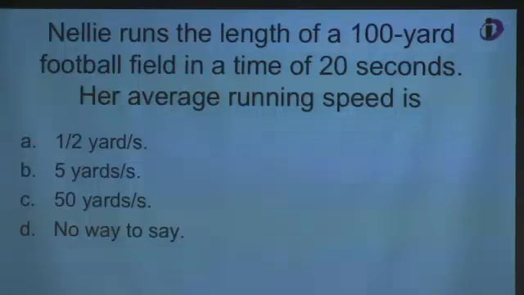It's looking close. 10, 9, 8, 7, 6, 5, 4, 3, 2, 1. The large majority said B. You're correct. Any questions? Those that missed it: distance divided by time gives that speed. Okay?